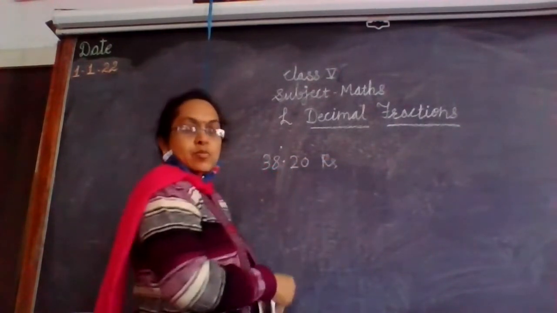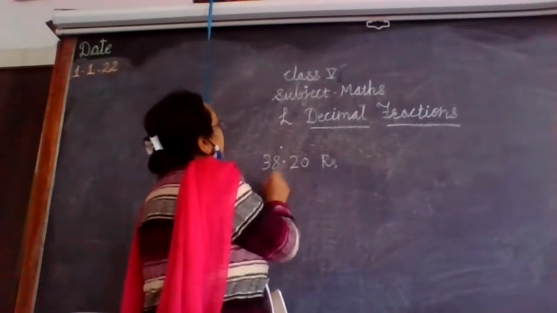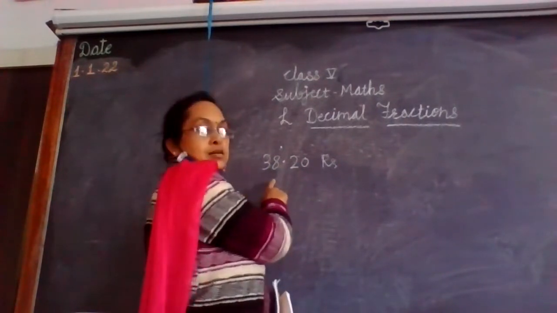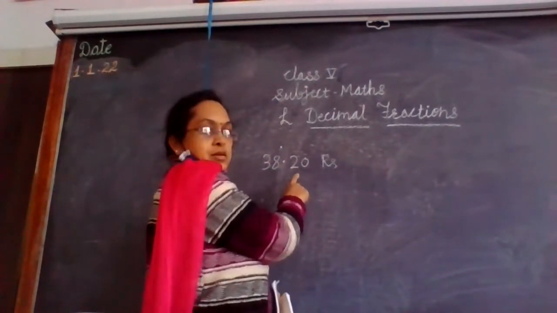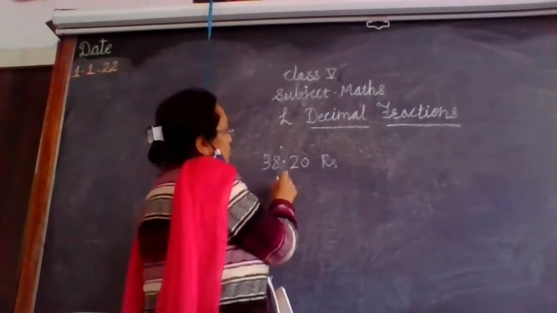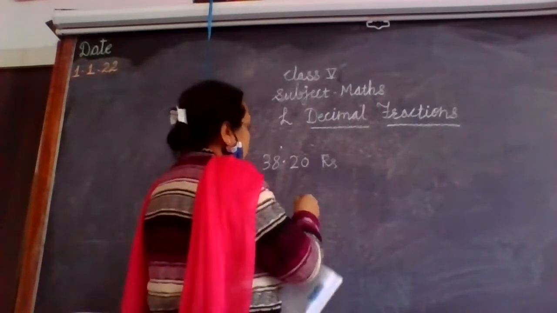So this decimal point we write gives a demarcation as whole part 38 rupees and paise 20. So this is basically formed from the fraction only.